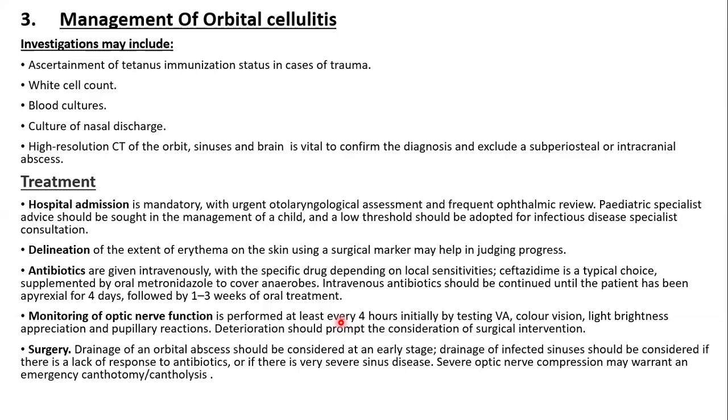Finally, in those patients with orbital abscess or subperiosteal abscess, those patients might need drainage for the abscess or the drainage of the infected sinuses if there is no response to antibiotics. And if the patient is having severe optic nerve compression, patient might need emergency canthotomy or cantholysis.